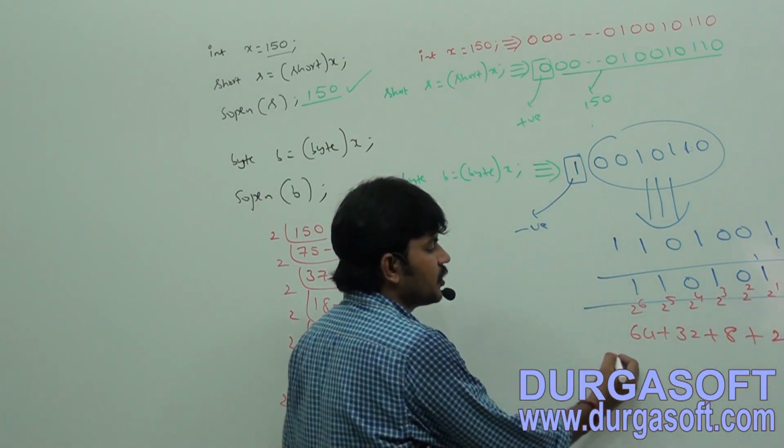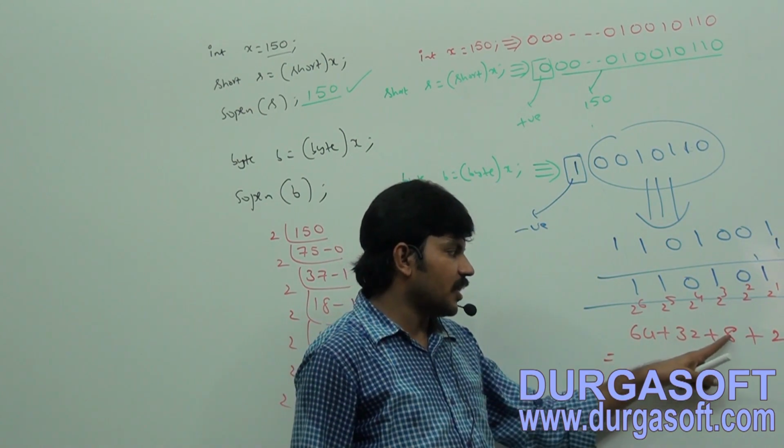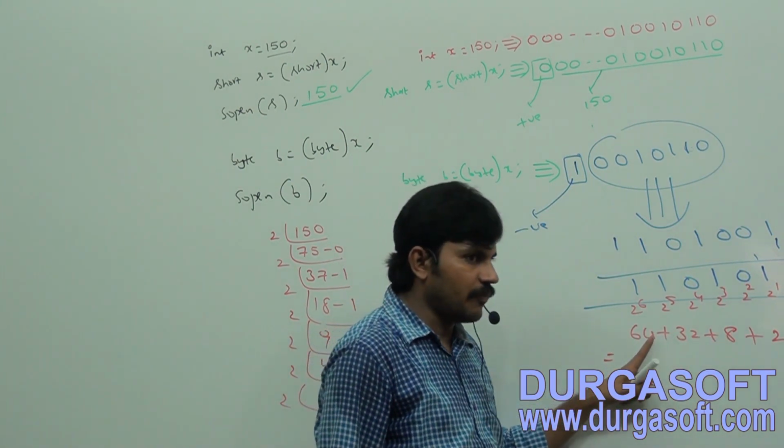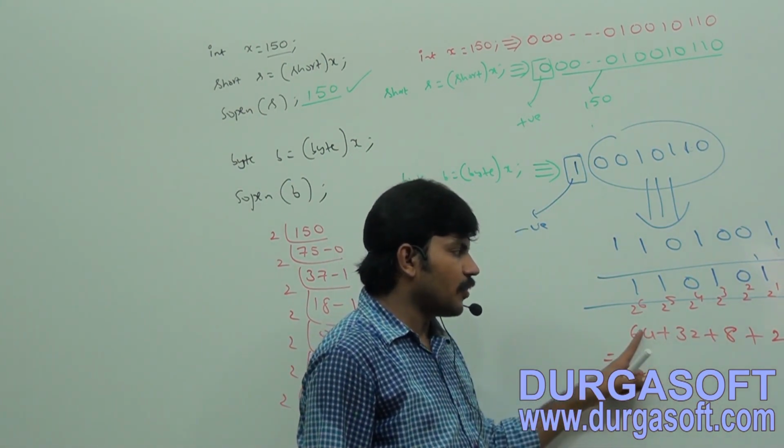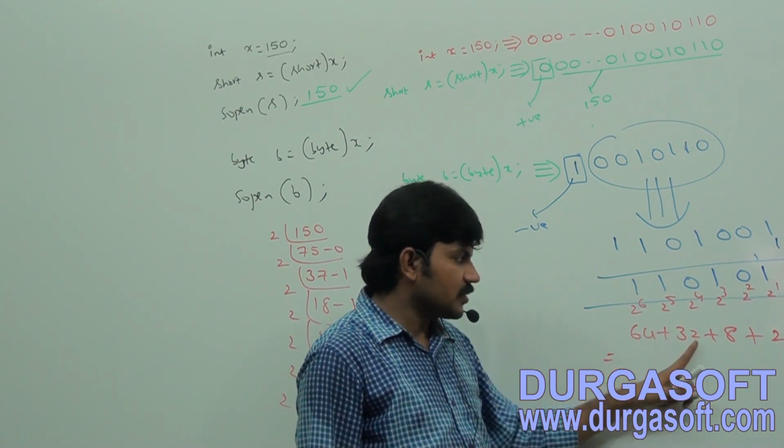What about its value? 32 plus 8, 40. 40 plus 64, 106. Correct, right?